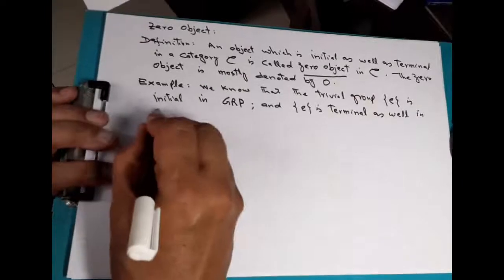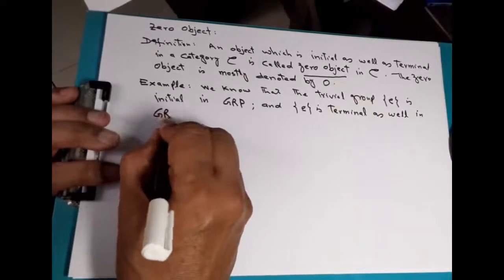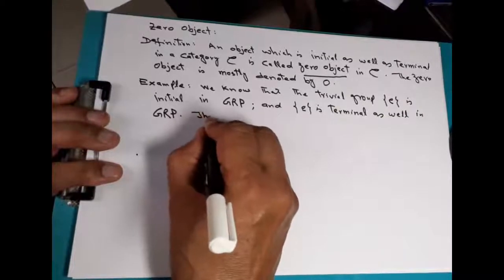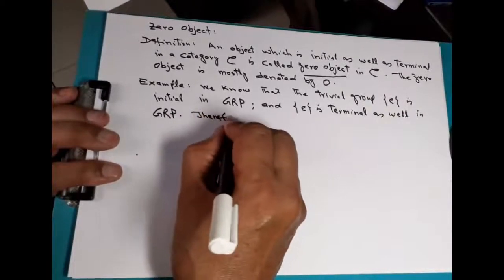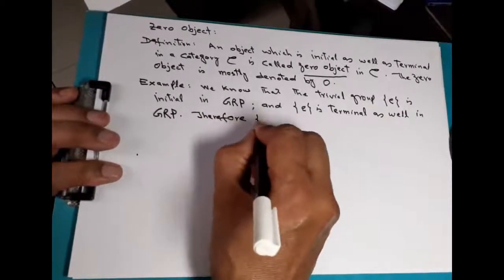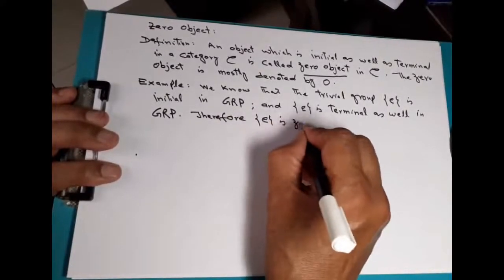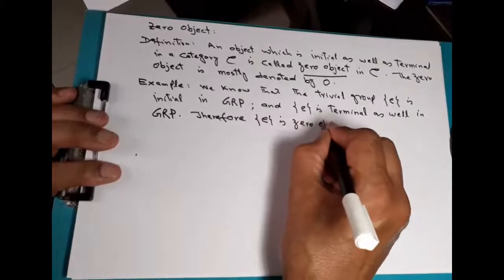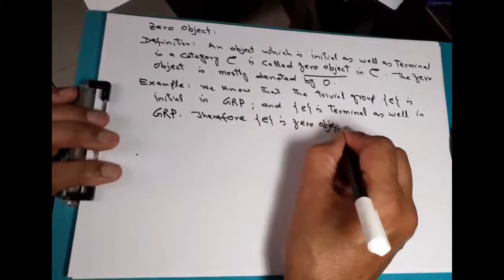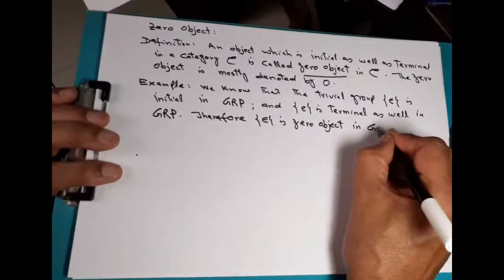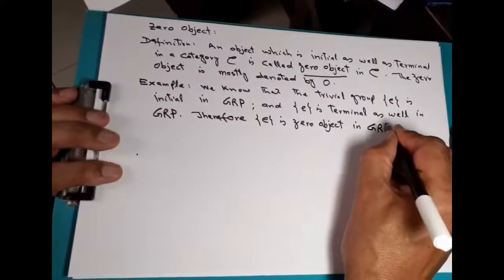Therefore, the trivial group is a zero object in the category of groups and group homomorphisms.